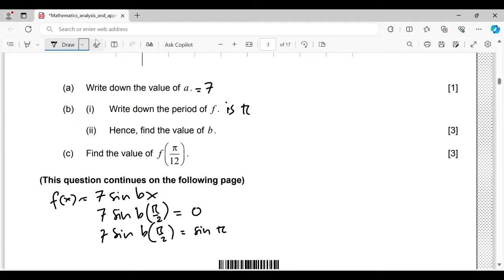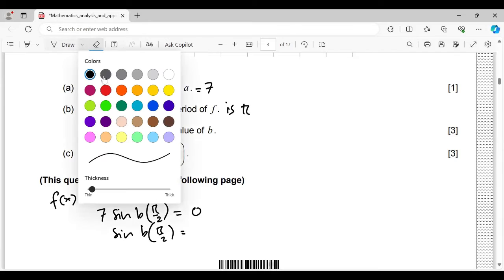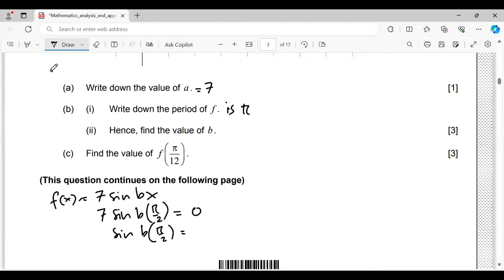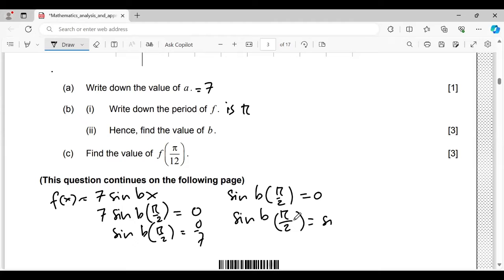Wait, not yet. This sine of b times pi over 2 is 0 over 7. So sine of b times pi over 2 equals sine pi.